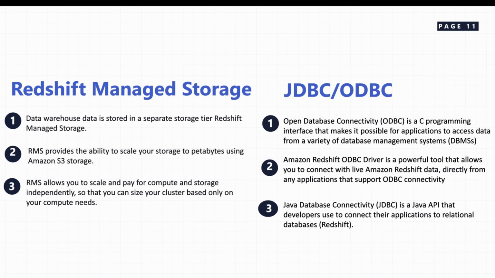Redshift managed storage allows you to scale and pay for compute and storage independently. According to our use case, we can increase or decrease our cluster based on our need. Suppose we have a small operation; we don't need to make a very big cluster for that task, because we would be using a lot of resources, so we have to optimize our resources. Based on our use case, we define our cluster and perform our task. So that's Redshift managed storage.